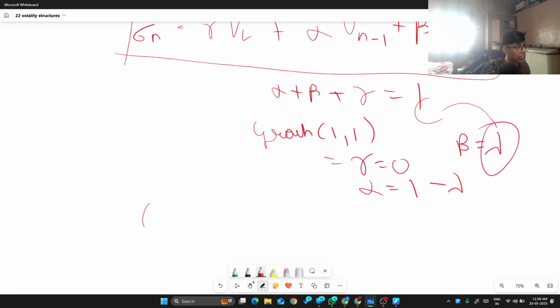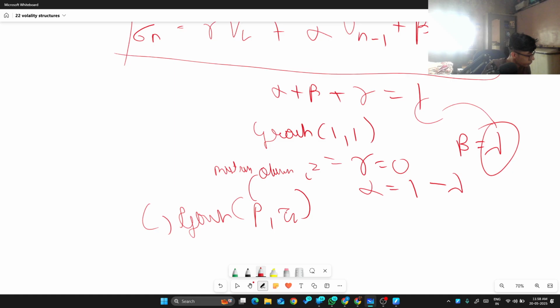And a more generalized GARCH model would be GARCH(p,q), where p is the most recent observation of u squared, and q is the most recent estimate of variance rate.